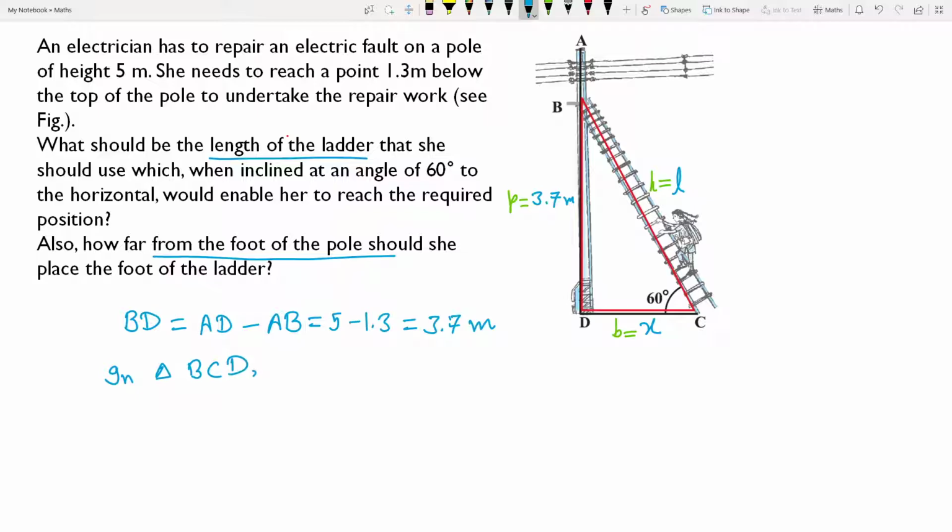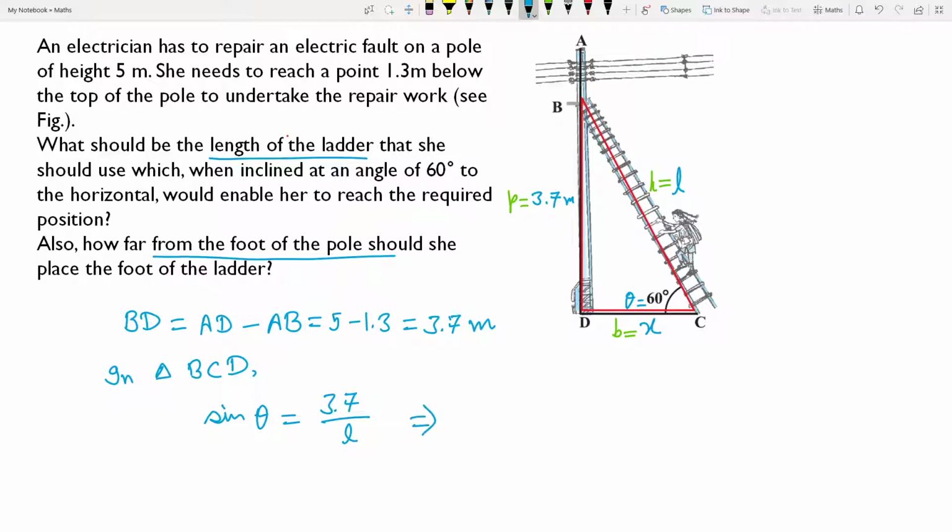Therefore, in triangle BCD, perpendicular and hypotenuse making sine theta. Sine theta equals perpendicular, that is 3.7, over hypotenuse, that is L. Theta happens to be 60 degrees here.